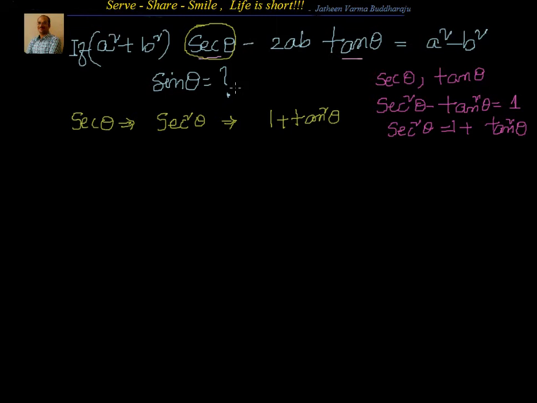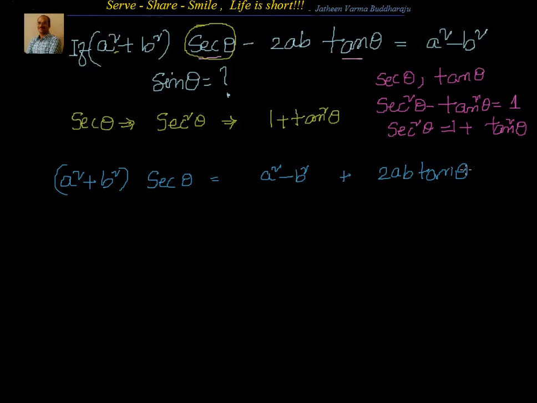So let's do that. To do that, a square plus b square secant theta, we will leave this and take 2ab tan theta to the right hand side. So I will have my first step as (a square plus b square) into secant theta is equal to a square minus b square plus 2ab tan theta.